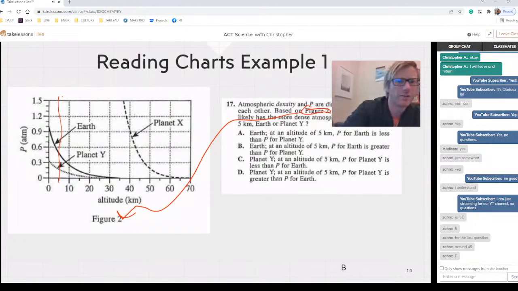Well, what values of pressure do Earth and planet Y have? Well, Earth seems to have a higher pressure. Could that mean more dense? Well, I'm no scientist, but more pressure, more dense, I've heard of something like that. So that seems to make sense. You don't always have to know the science completely behind this to get it right.